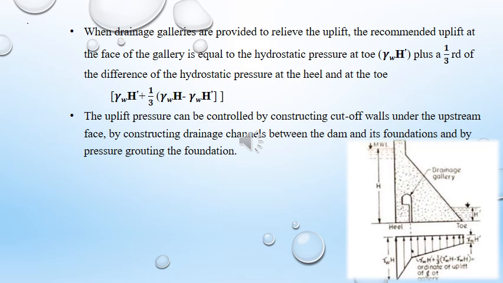So, by providing this drainage gallery, 2/3 of the difference of the hydrostatic pressure at heel and toe is reduced. So, by providing this drainage gallery, the uplift pressure can be reduced.